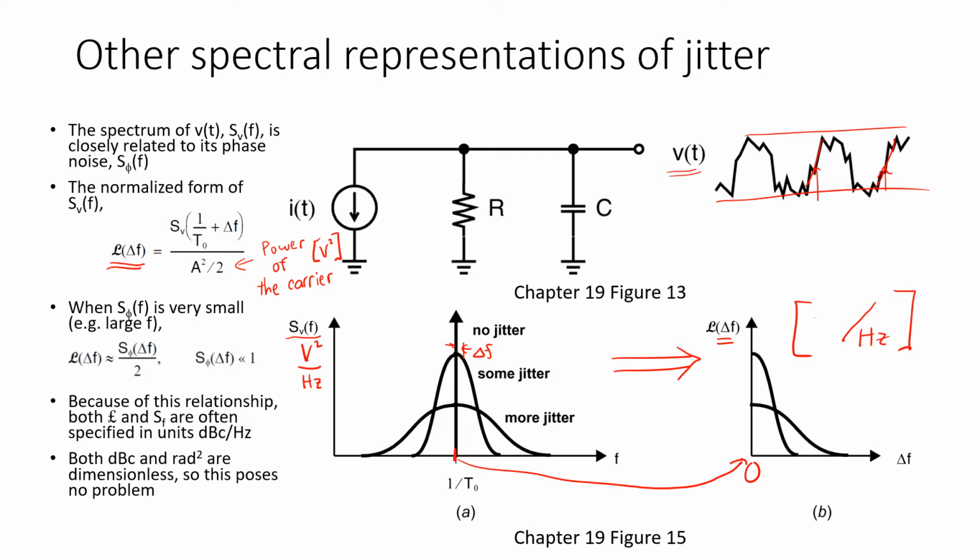And so now we've got something with units of decibels normalized with respect to the carrier power. So rather than dBm or dBV, which are logarithmic units normalized to milliwatts and volts respectively, here instead we define dBc, decibels with respect to the carrier power. But it's still a power spectrum. It's per units of frequency, per hertz. So you get these funny units here, dBc per hertz, for this script L, which is essentially just a normalized version of the power spectrum of the waveform V itself.